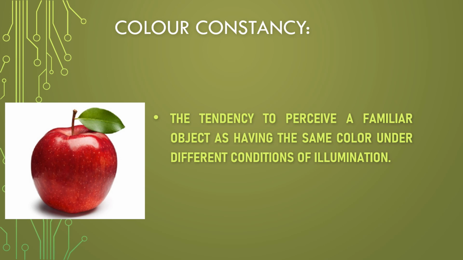Like if you see a red apple at midday, when there is white sunlight, or if you see the red apple during the sunset, when the main illumination is red, in both situations you will perceive the apple as a red color. So that is color constancy. We have a tendency to perceive a familiar object as having the same color.